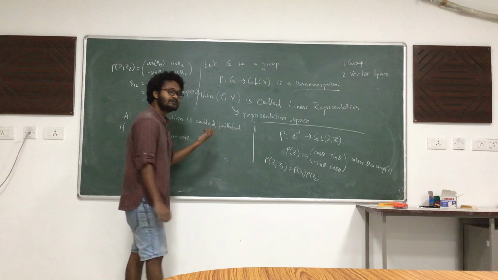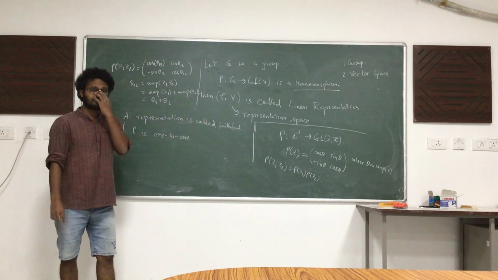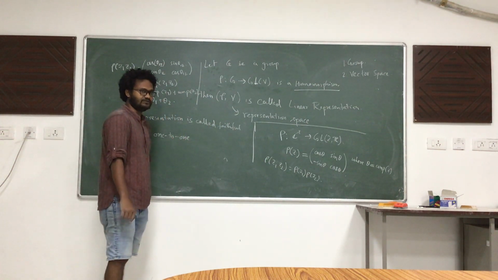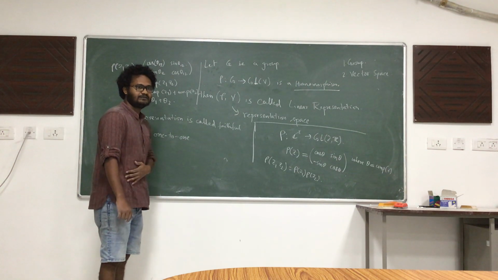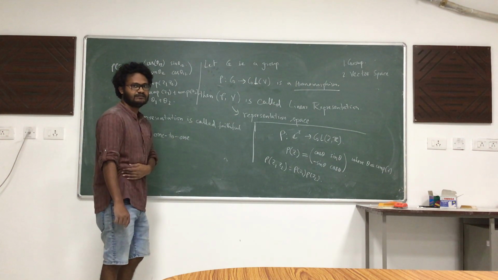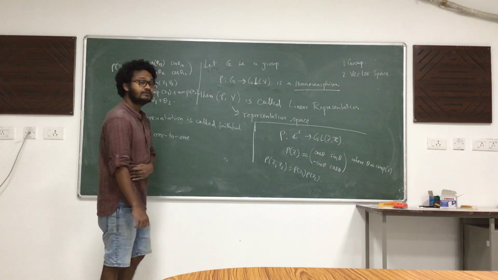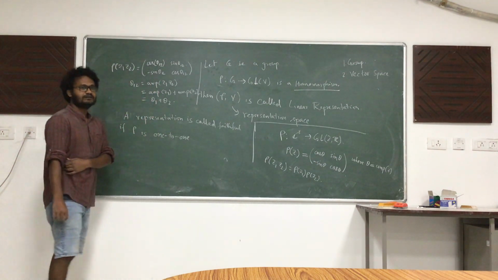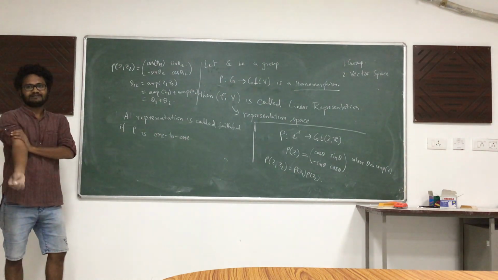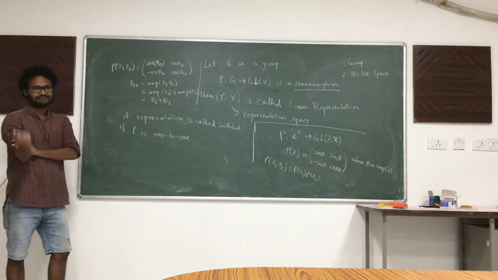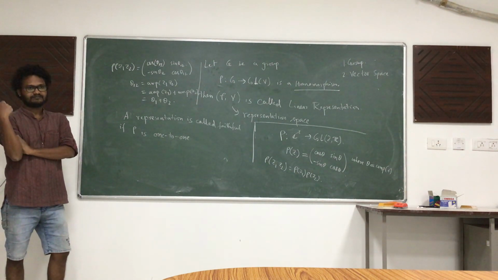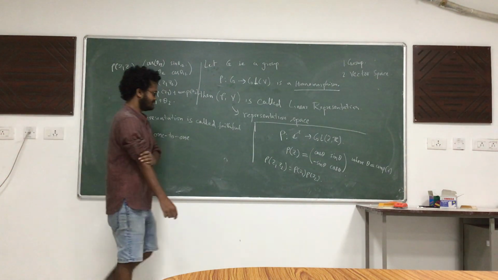Example 3 was what? Example 3 was a representation of Z2, right? No, that was unitary. Whether that was faithful or not? That was a faithful representation.